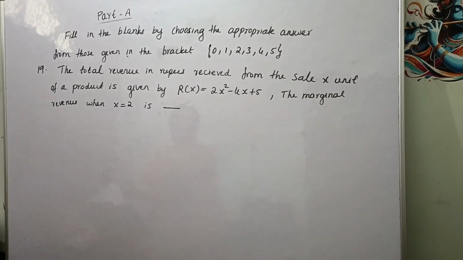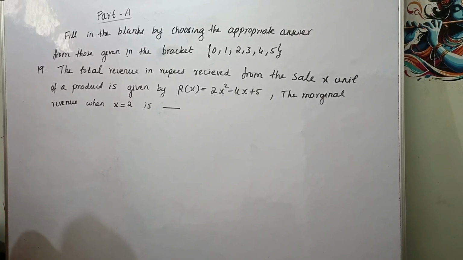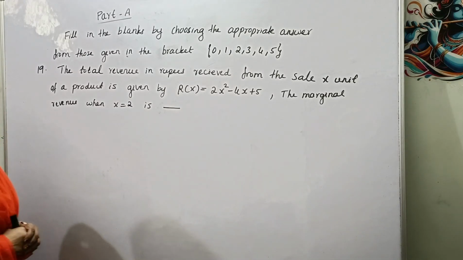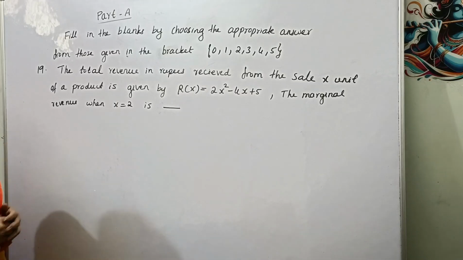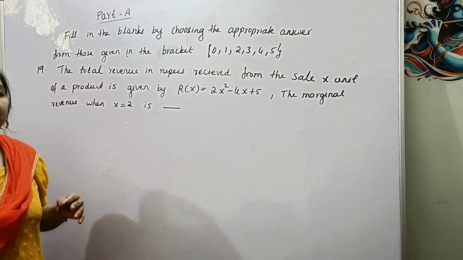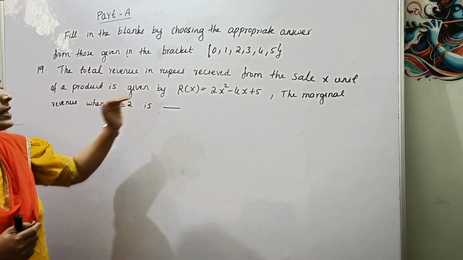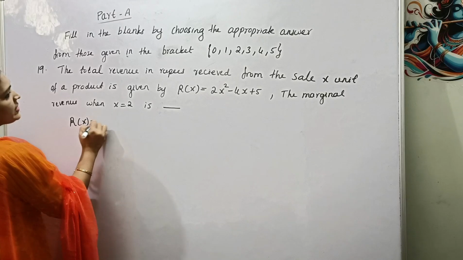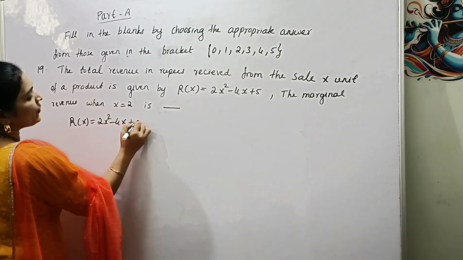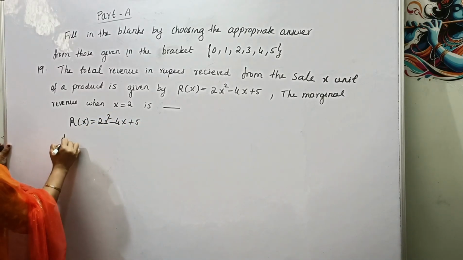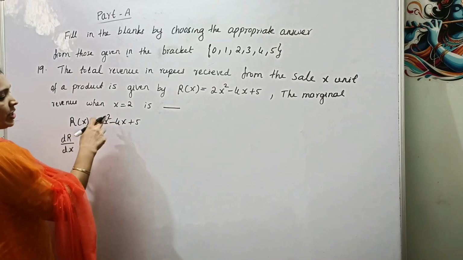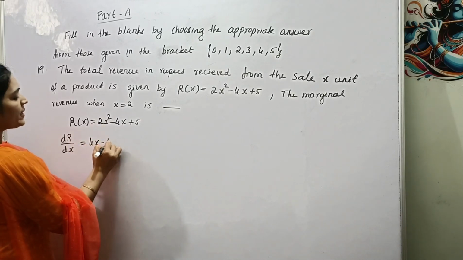The total revenue in rupees received from the sale of x unit of a product is given by r of x is equal to 2x square minus 4x plus 5. The marginal revenue when x is equal to 2 is dash. Very simple, right? Here we know that marginal revenue is nothing but the rate of change of total revenue. So marginal revenue is nothing but dr by dx, that is equal to, differentiating with respect to x, 4x minus 4.